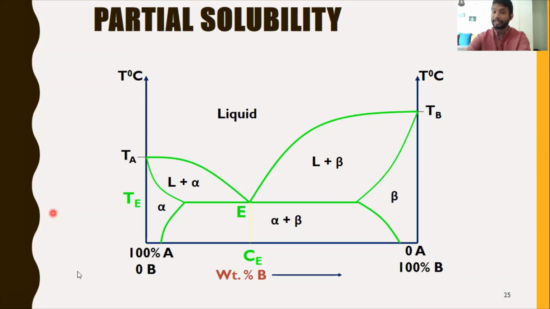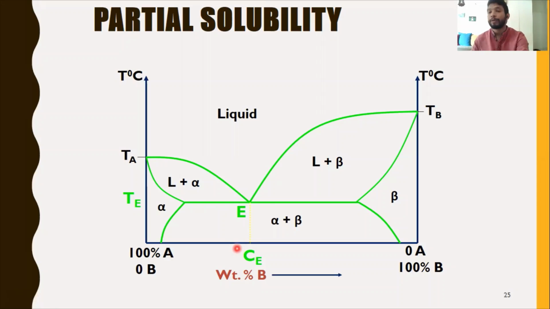And here there is still a eutectic point. Hope you can see, liquid becomes alpha and beta in a very quick time. So it is still a eutectic point. And if we go along this line, you will see the eutectic temperature somewhere here. And this will be the eutectic composition of A and B.